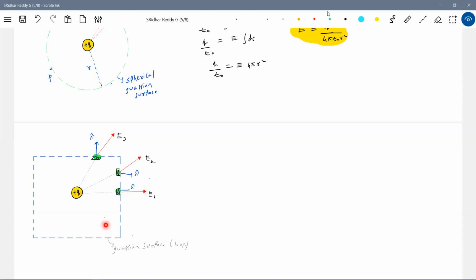It's like a box, a cubical box, kept at the center. At different points on the Gaussian surface, the value of E bar is different and the angle between them is also different. Then how will the formula end up?